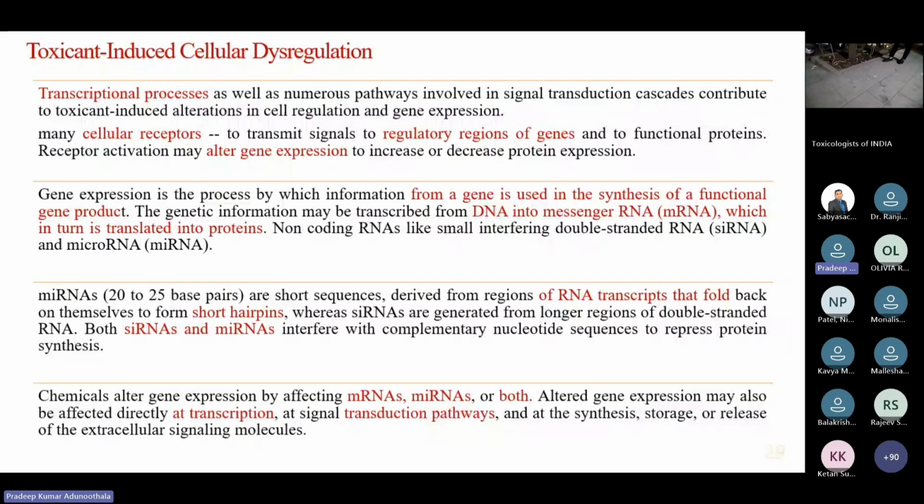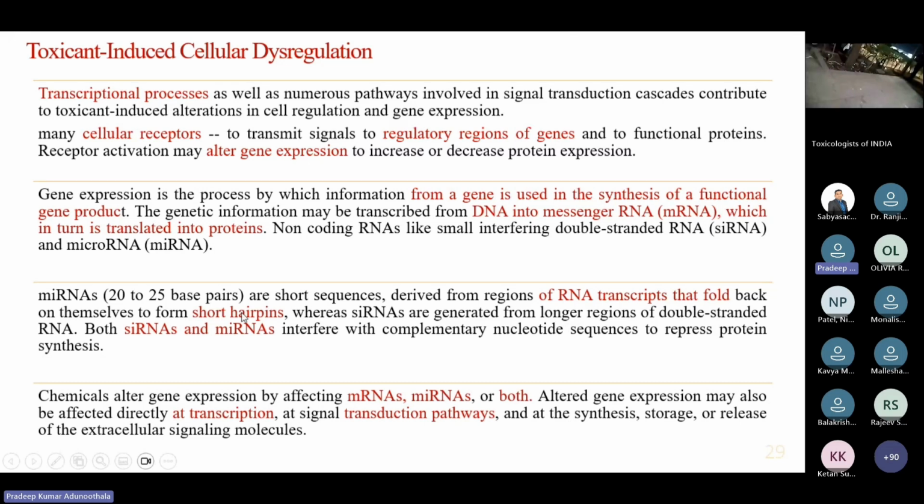It is a very short sequence, 20 to 25 base pairs, derived from RNA transcripts, and it has a foldback that forms hairpins, whereas siRNA is generated from longer regions of double-stranded RNA. Of these two, miRNA mostly has more toxicity mechanisms, where the chemicals come and bind to it, and that leads to the toxicity.